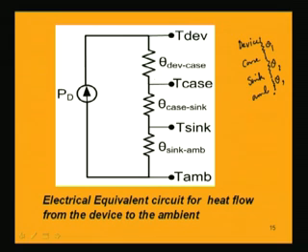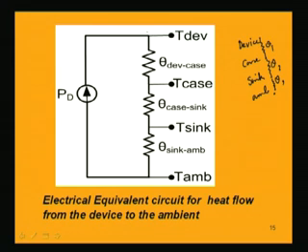And at these two ends, this is the current which is actually analogous to the power dissipation. That means power is like having a flow from the transistor to the ambient air. That is why it is shown by an arrow, just to have the analogy with the current flow.